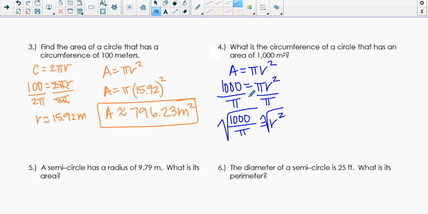So when you do that, you take the square root of 1,000 divided by pi, and you would get your r value to be about 17.84 meters. So I want circumference, so now I can take that 2 pi times r, which is 17.84.